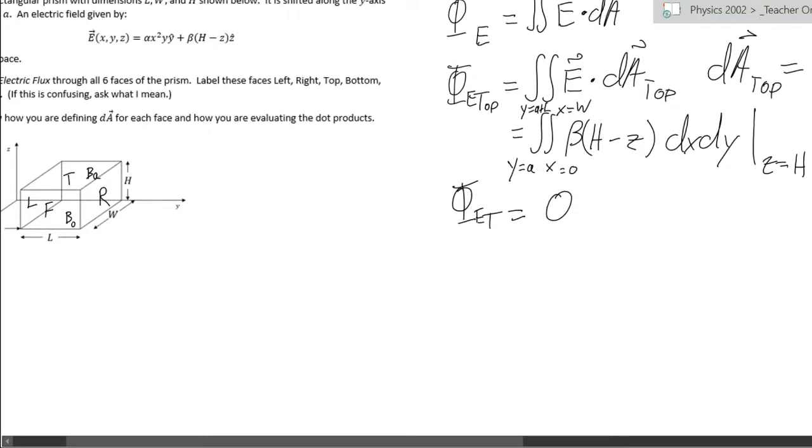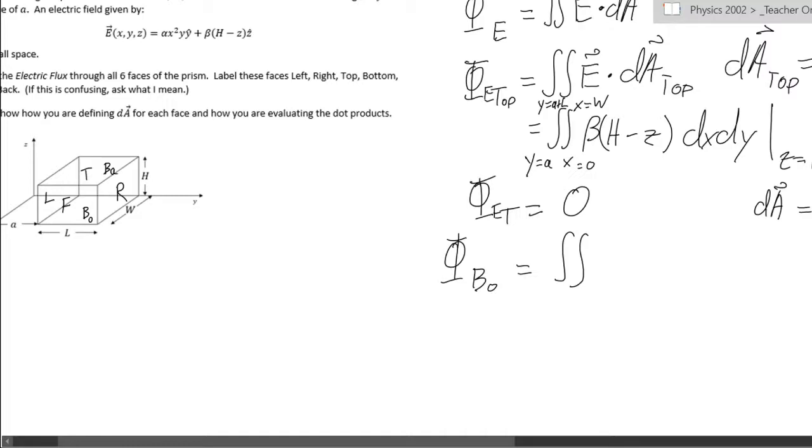Okay. Now we can do the same thing with the bottom. Phi sub bottom is going to be equal to the integral of the E vector dotted with the dA from the bottom, where dA bottom is really the same thing as dA top with a negative sign because it's pointing in the opposite direction, dx dy.